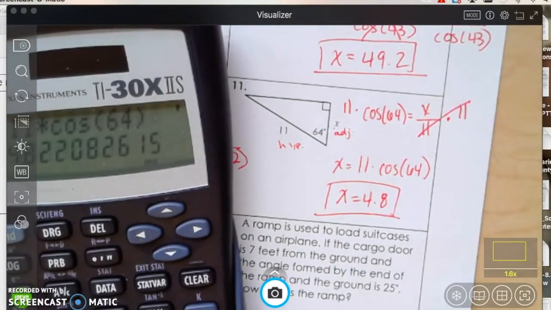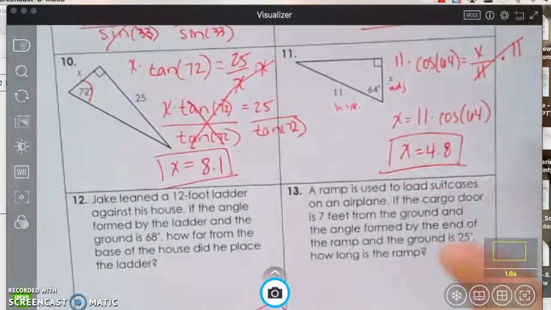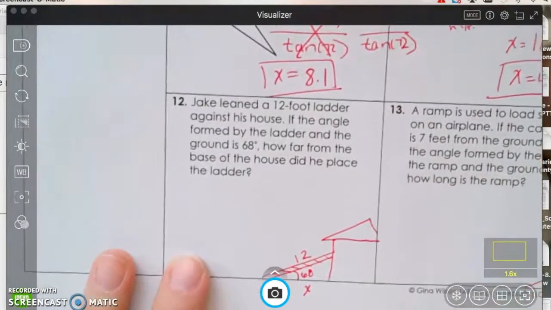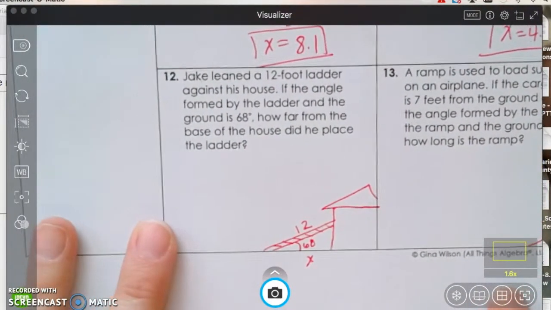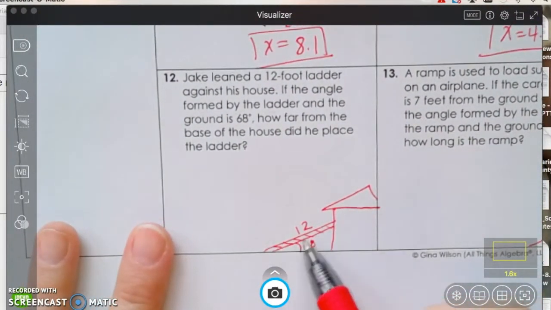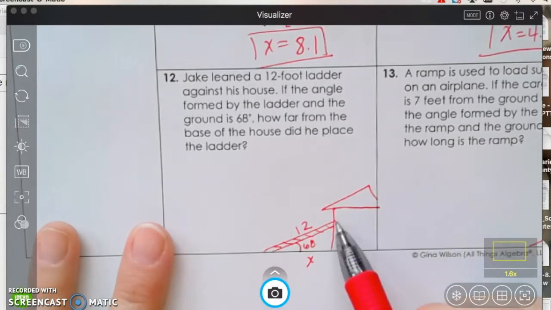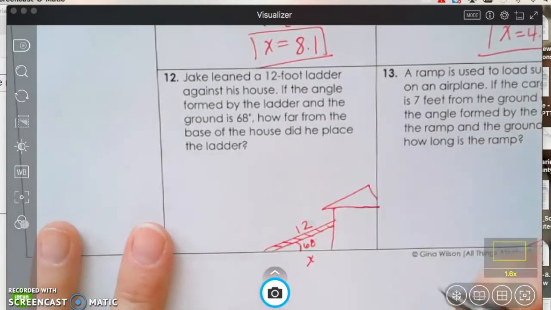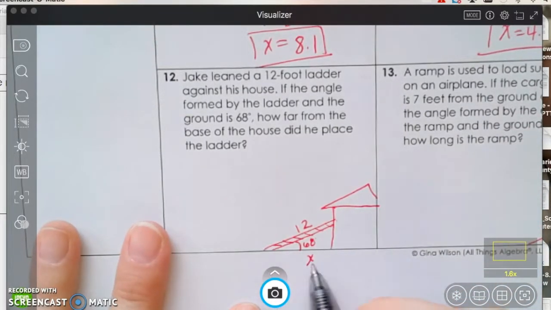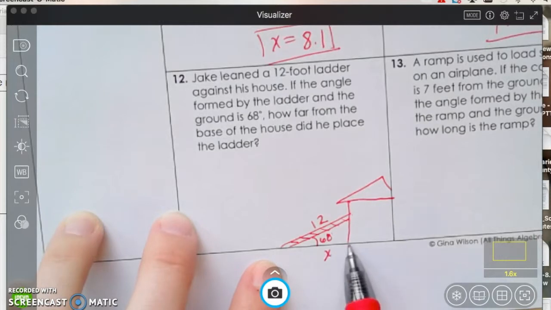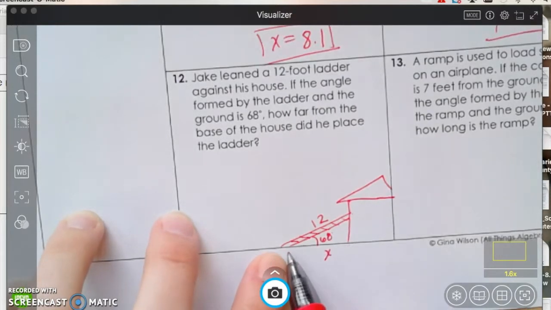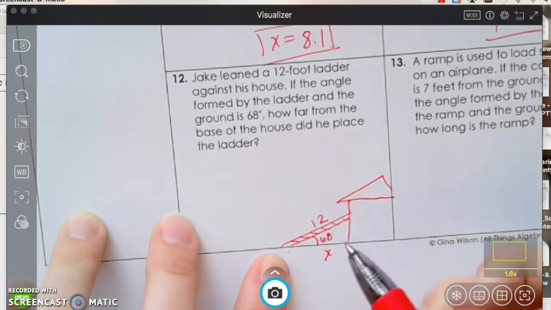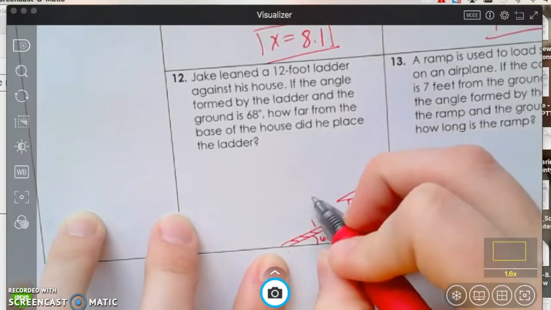So you have 2 word problems on the bottom, and I've already gone ahead and just sketched these out a little bit. So for number 12, Jake leaned a 12-foot ladder against his house. If the angle formed by the ladder and the ground is 68 degrees, how far from the base of the house did he place the ladder? So I'm looking for the distance away from the house that ladder is planted. So if I look here, this is my adjacent, and this is my hypotenuse.